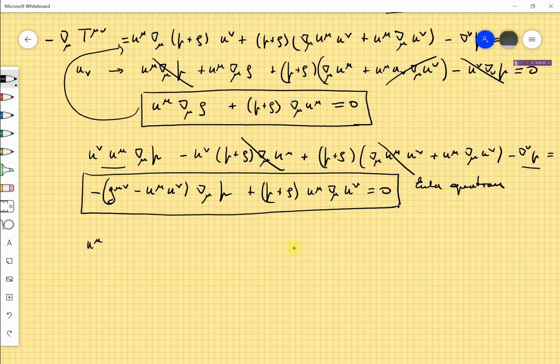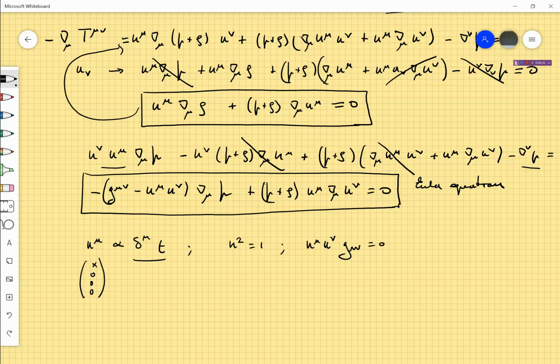This means that the components will be proportional to δ^μ_t, so only the t component, and the rest will be 0. I'm not saying that this is equal to 1 because we have to satisfy this condition, and this condition is this one.